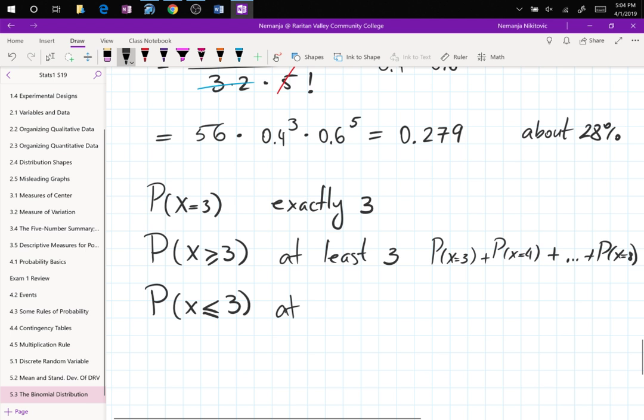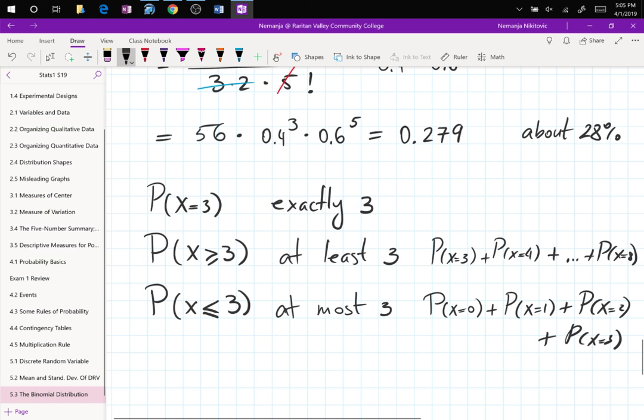At most 3, which in this case is P(x = 0) for none of them, plus P(x = 1) plus P(x = 2) plus P(x = 3). At most. Well, you have out of 8, so you have the cap always. We had the 10 questions on the exam.